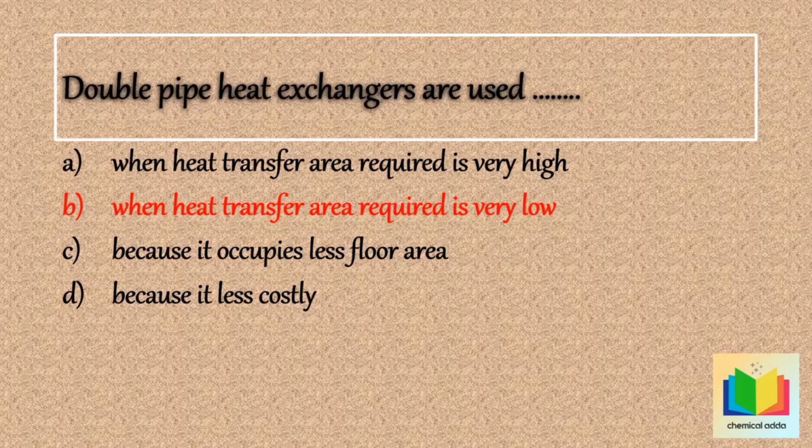Hence, there is very low heat transfer area available. Hence, a double pipe heat exchanger is used when the heat transfer area required is very low.